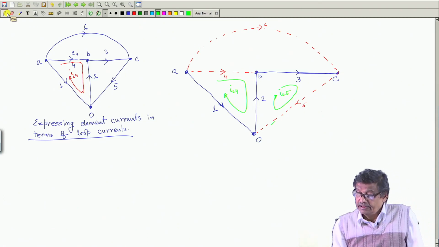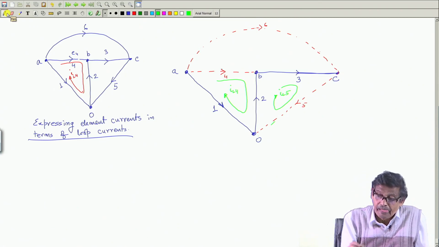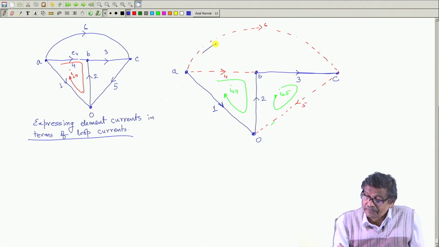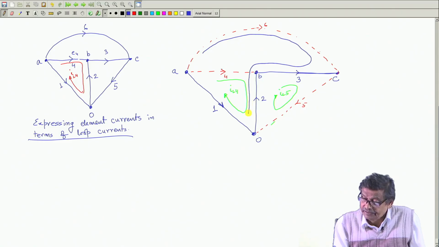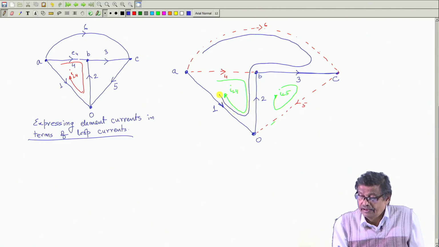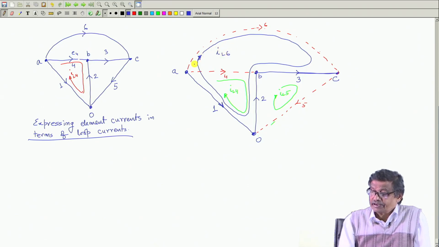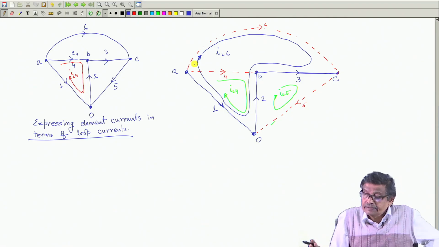It will be like this. I will use a different color. So, IL6 will go this way, this way, this way, and come back here. IL6. This you must understand very clearly.